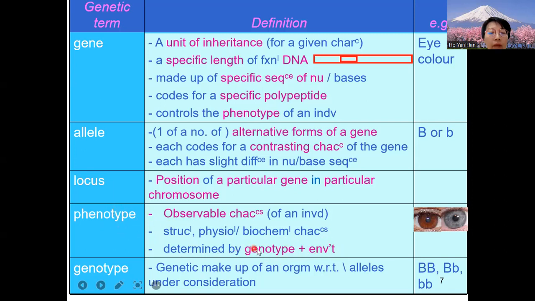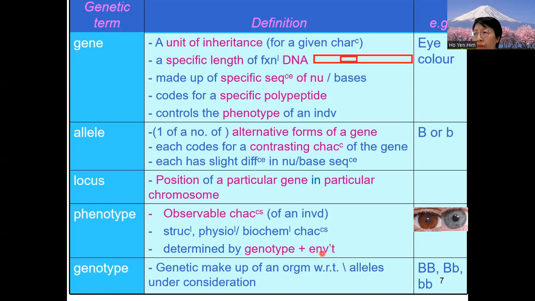Phenotype is, for example, if you're born with very fair skin, that's because of genotype. You inherit the alleles from the parents. But if every day you go under the sun and don't take an umbrella or put on sunscreen, then you become darker. So your overall phenotype that we can see on your face can be your genotype plus the environmental factors around you.